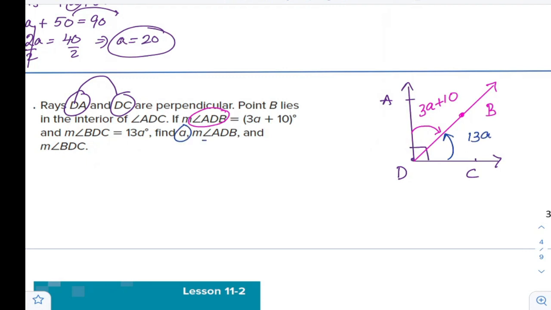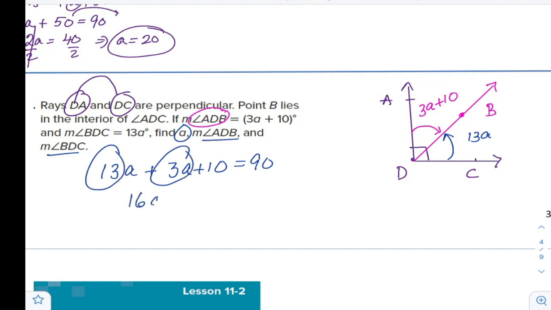Find A, the measure of angle ADB, and the measure of angle BDC. So أولاً عشان نعرف ال A أول شيء we have to set the equation properly. As it's very clear here, the sum of the two given angles should equal 90. So directly you can say 13A plus 3A plus 10 equals 90.